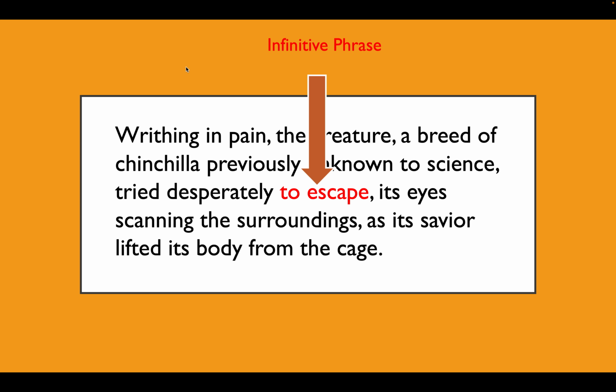And what we can do is we can actually use that as a type of phrase in a sentence too. You know, like "I love to run." So it can look a lot like another type of phrase, which we'll talk about shortly. But this is an infinitive phrase because "escape" here is a verb form.